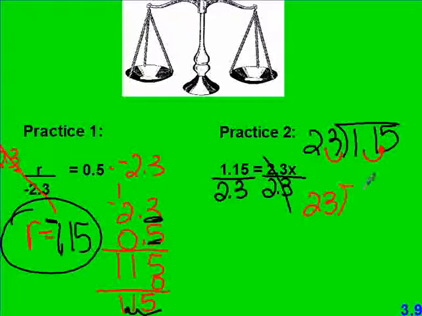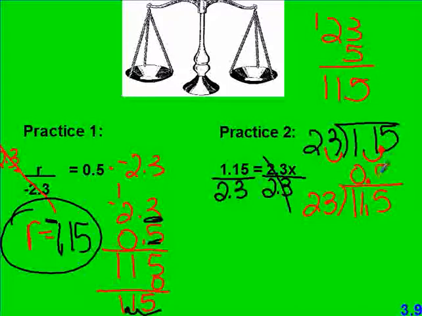I now have 23 into 11.5. 23 does not go into 11, but 23 goes into 115 a certain amount of times. I'm going to guess 5. Let's try it. 23 times 5, yep, is 115. So my answer would be 0.5. So 0.5 equals x. Pause the movie and copy this example into your notes.